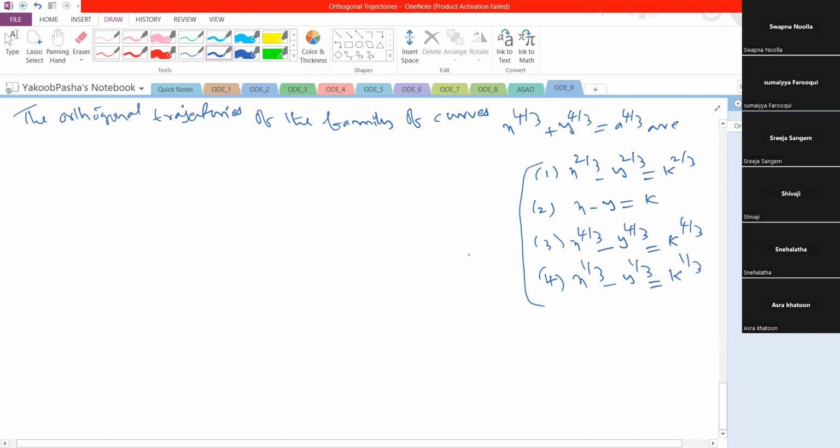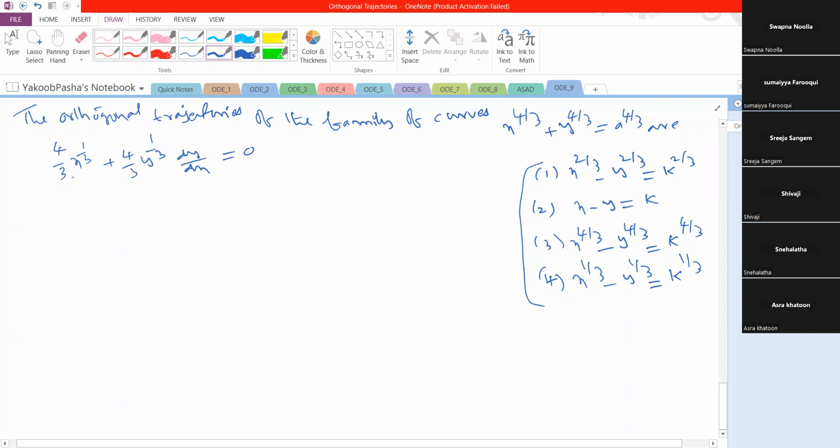First, see the given equation. Here a is itself an arbitrary constant. So differentiate this with respect to x. So we get 4 by 3 into x power 4 by 3 minus 1, that is 1 by 3, plus 4 by 3 y power 1 by 3 into dy by dx is equal to 0.